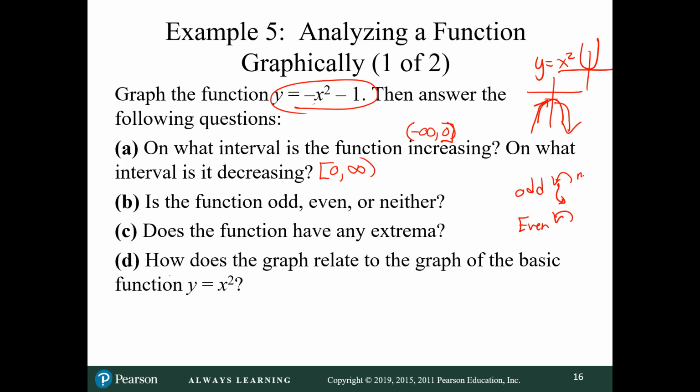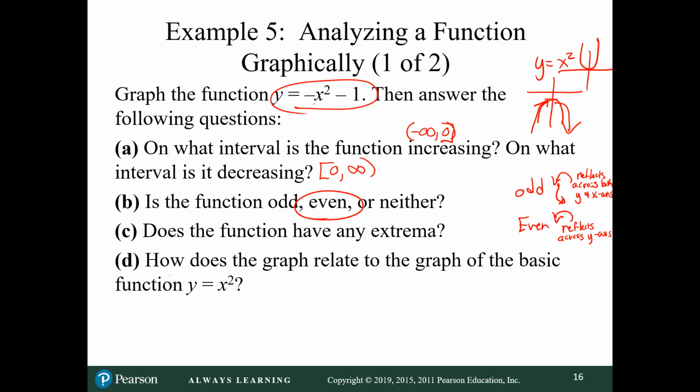So odd reflects across both the y and x axis, and an even just reflects across the y-axis. Okay? So, would this be odd, even, or neither? It would be an even function because it just reflects across the y-axis. It's the same thing on each side of the axis.